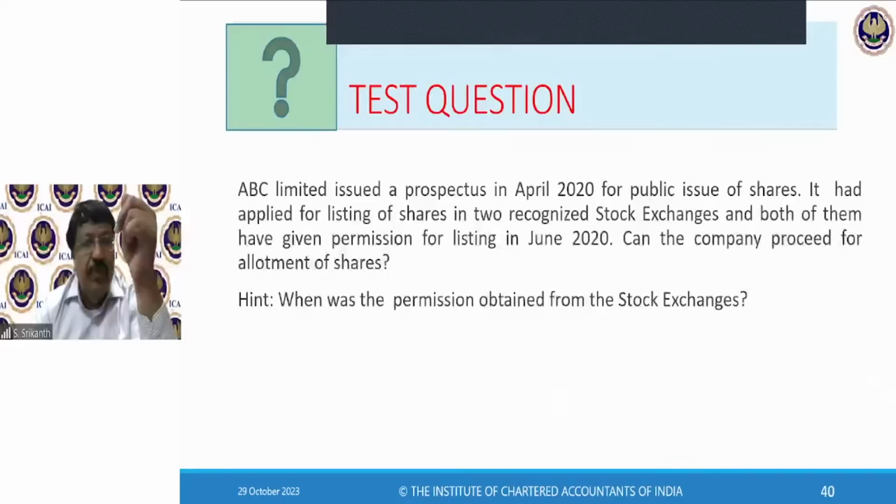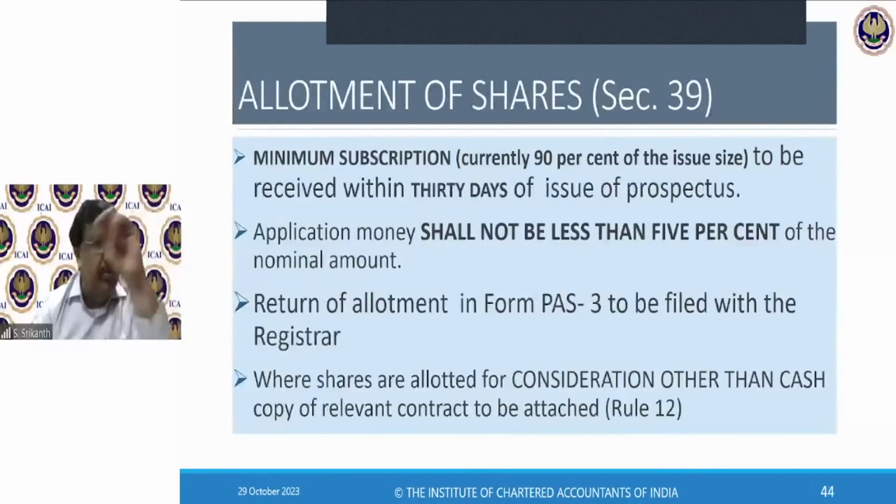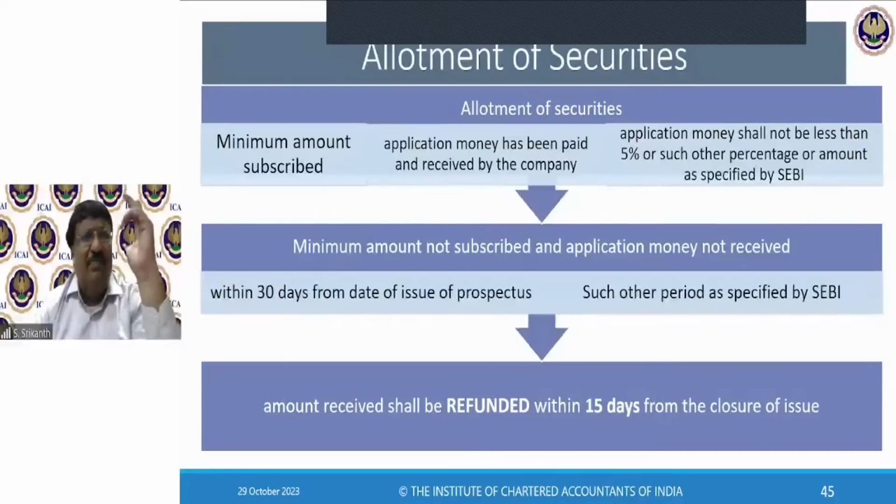Got it? So the company cannot refuse. The banker will simply send it back. No question of the company coming and telling anything. Just go, get out. Money will go back.